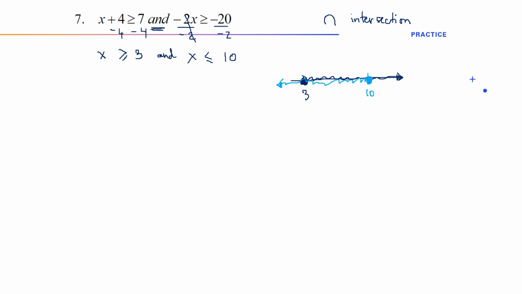Now we want the intersection between the two sets, so that will be here. Bracket 3 comma 10 close bracket.